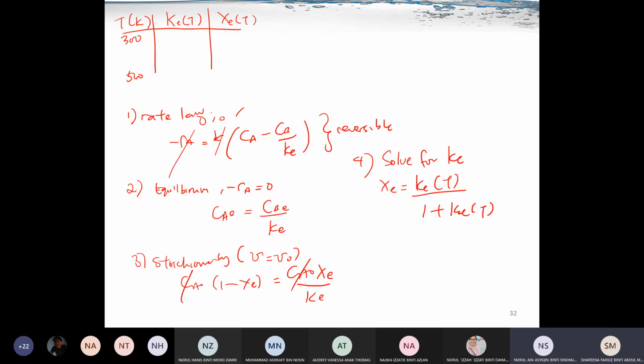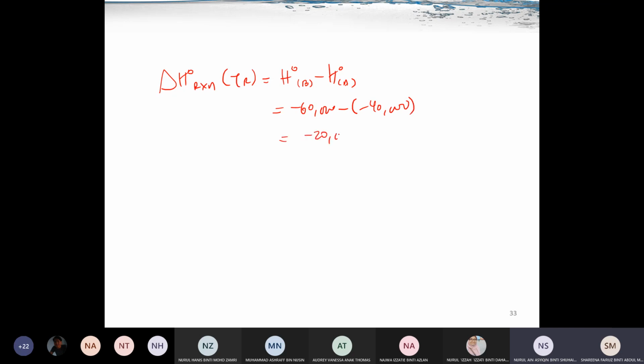So delta HRX, ataupun kita keluarkan dia delta H reaction, alright, at TR is equal to delta H untuk B, minus delta H untuk A. So negative 60,000 minus with the minus 40,000, you will get this one is equal to negative 20,000 cal per mole.